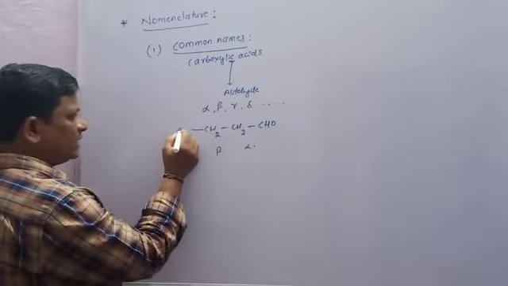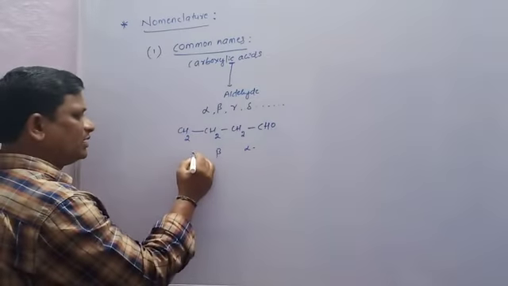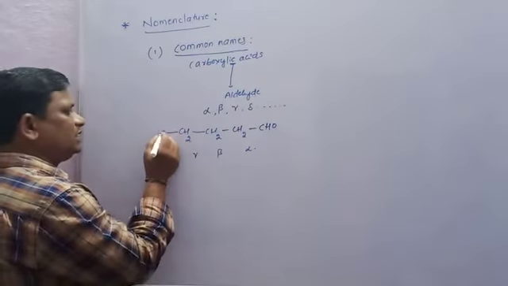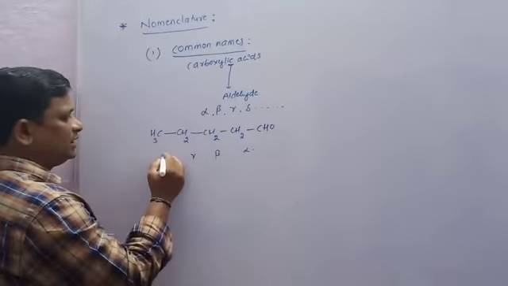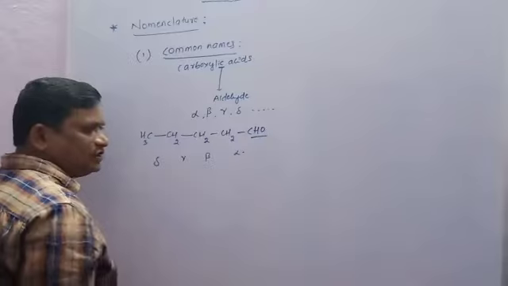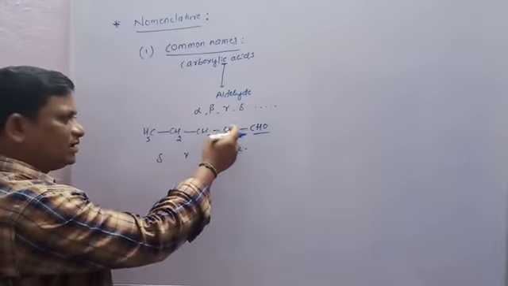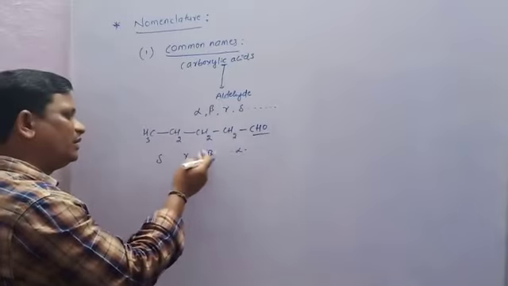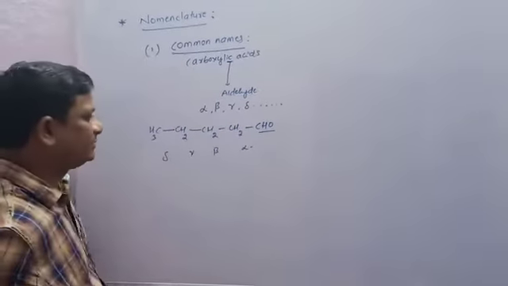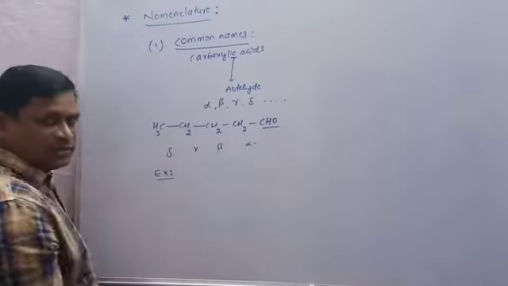The next one attached is the gamma carbon, and the CH3 is the delta carbon. So the locations of the substituents relative to the aldehyde functional group are denoted with alpha, beta, gamma, delta, etc. This is explained with some suitable examples.